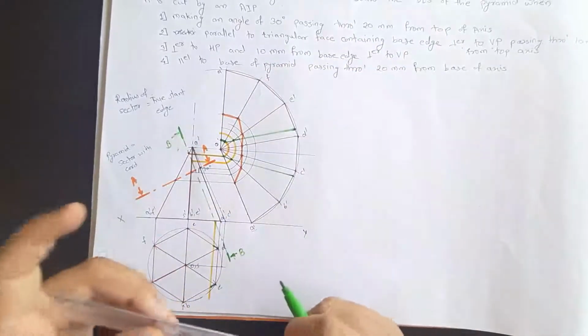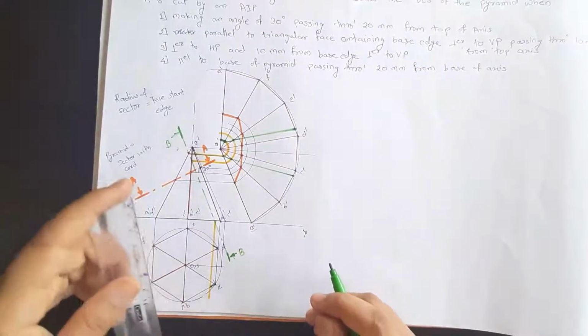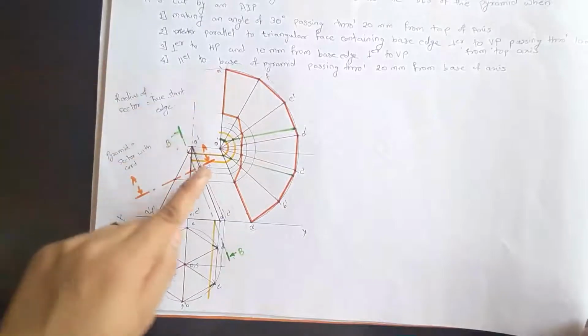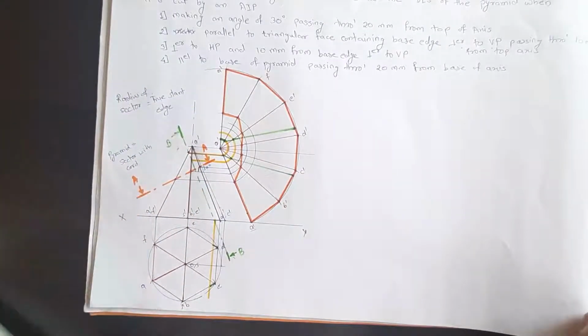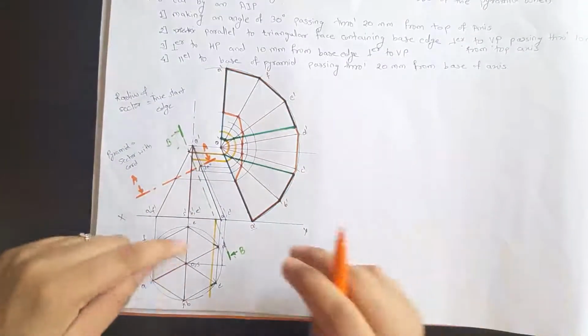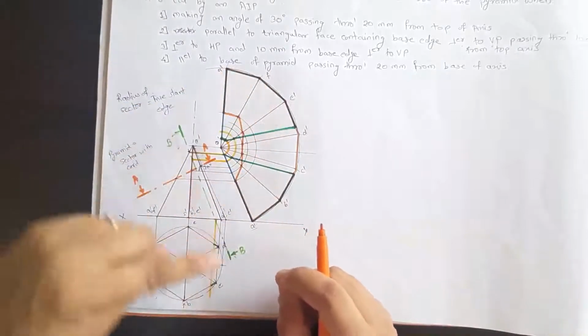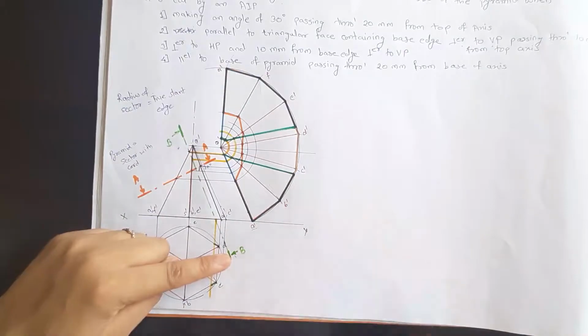So in this manner, a cutting plane will be. The orange part is for cutting plane AA, and this green part is for this B dash B dash.